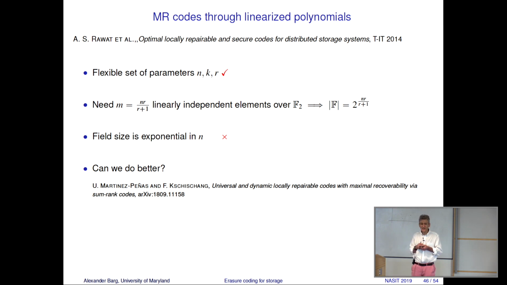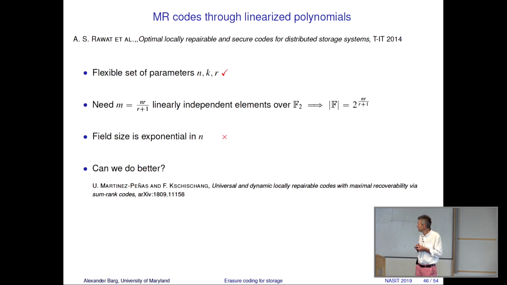The best current result is in this paper cited at the bottom of the slide. There is an exponential decrease of the size of the field, but the size is still exponential. Again, a variation of linearized Reed-Solomon codes, but a nice work overall. This is already recent, less than a year back.